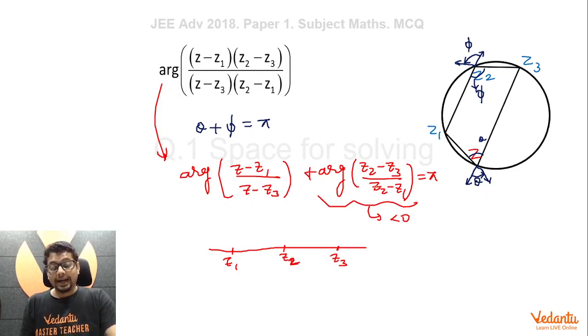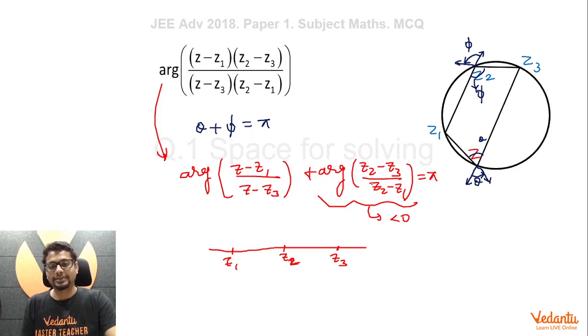So you may say this would be a negative real value, because clearly you can see that Z2 minus Z3, the vector representing it, is collinear with the Z2 minus Z1 vector. And of course they are unlike vectors, they are not like vectors.